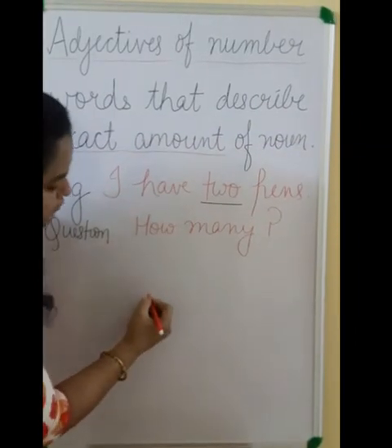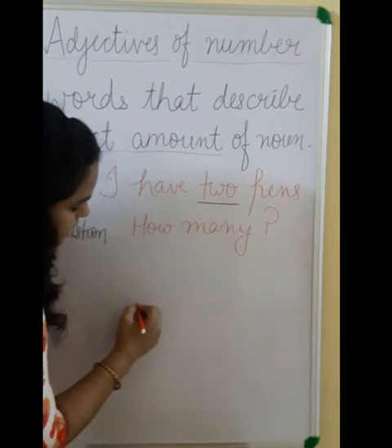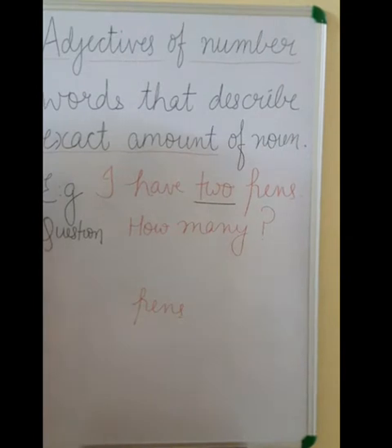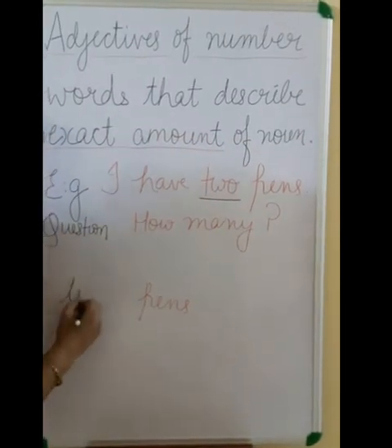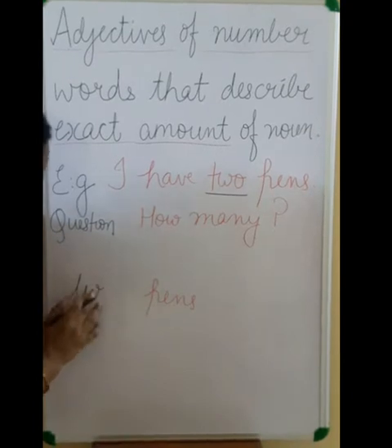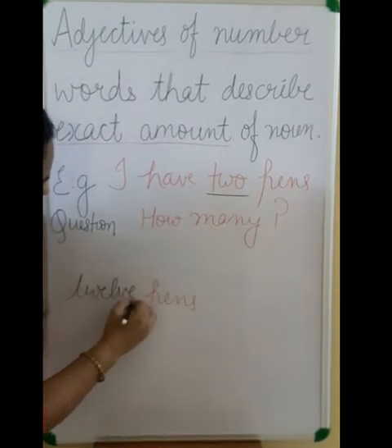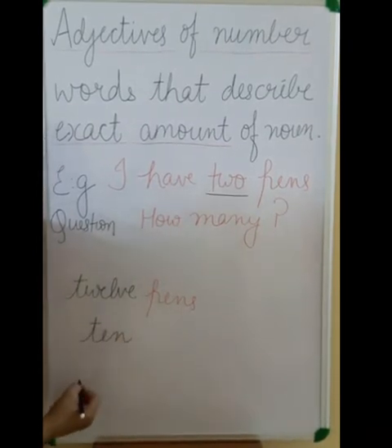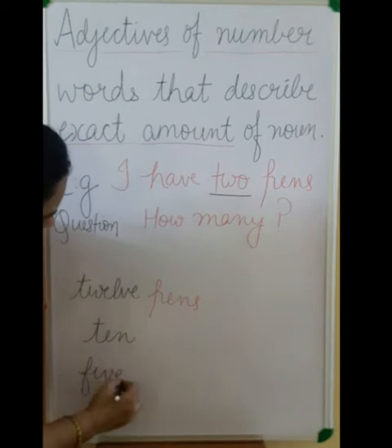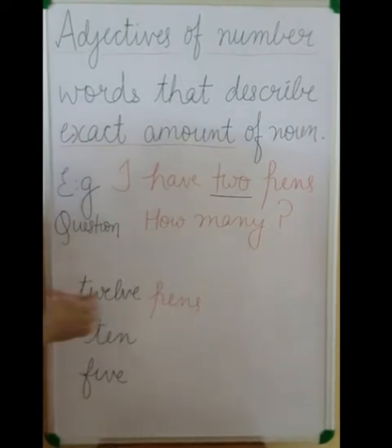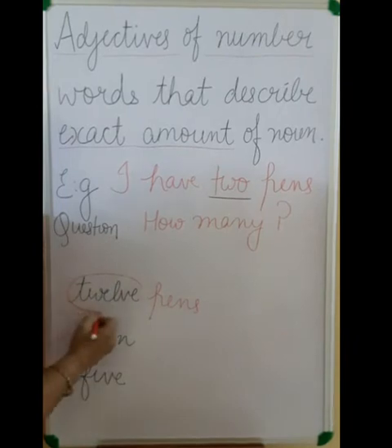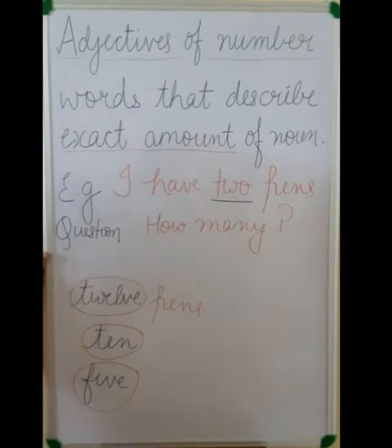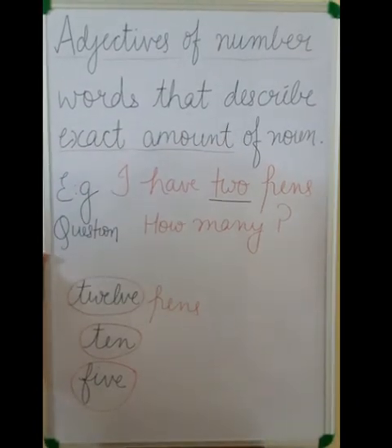Now, different adjectives that you can use with pens are, you can use 2, okay, 2 we have used, you can use 12, you can use 10, you can use 5, any number, because it gives you the exact amount of noun you have.